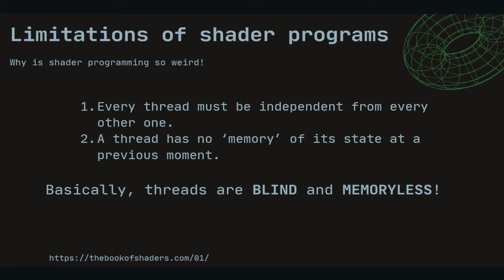These properties are basically summed up as blind and memoryless programs. We'll see more examples of how this works, but these are the base concepts to keep in mind: you can't see the memory of a state in a previous moment, and each thread is independent from one another.